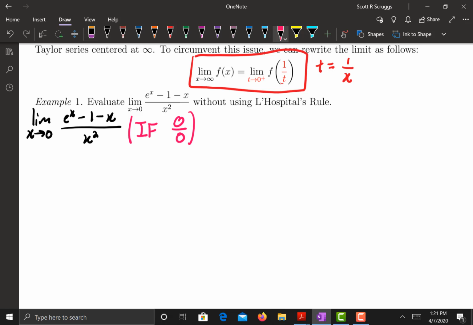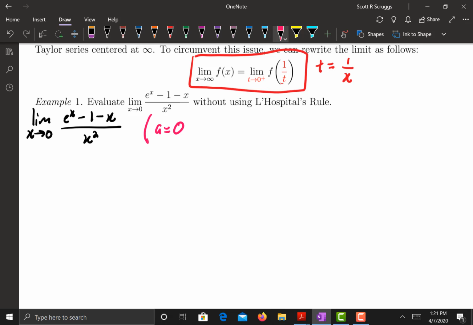Well, now let's say I want to use Taylor series instead. And how do I go about that? Well, in this example, a is going to 0.